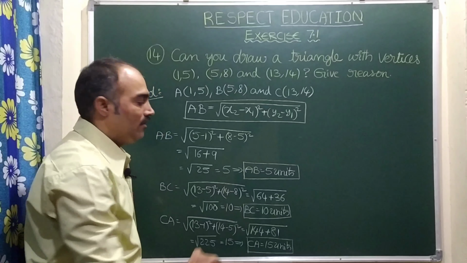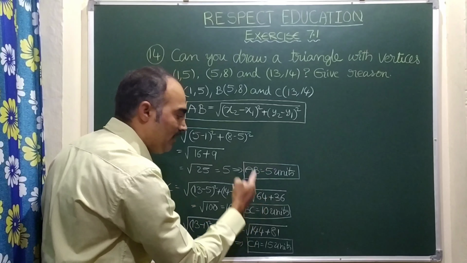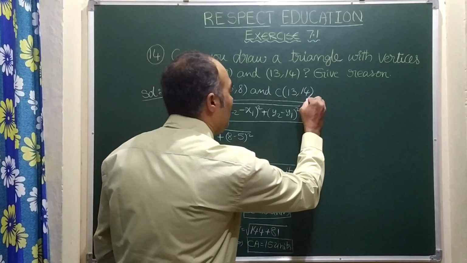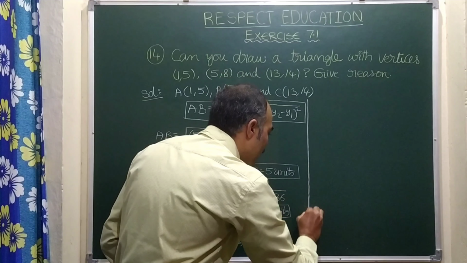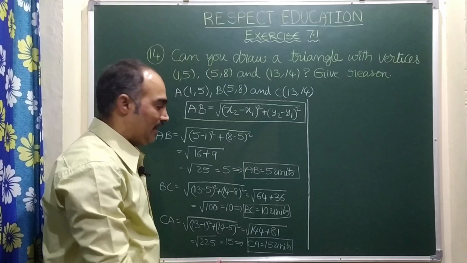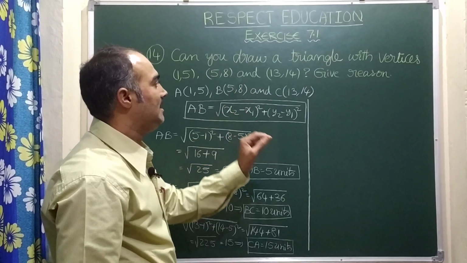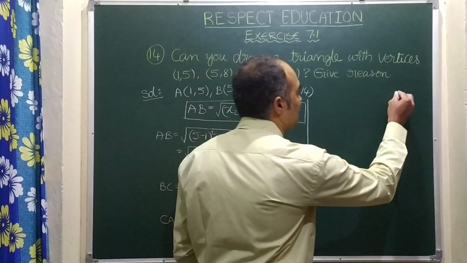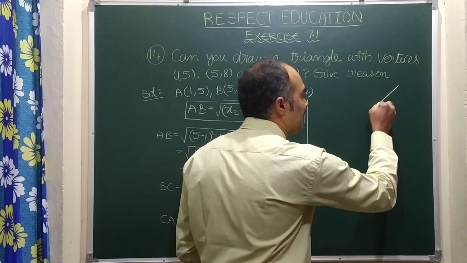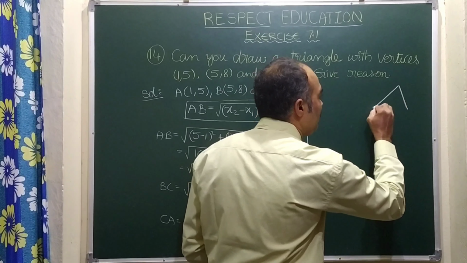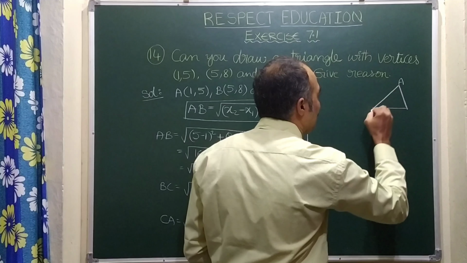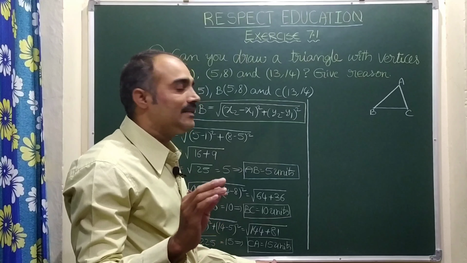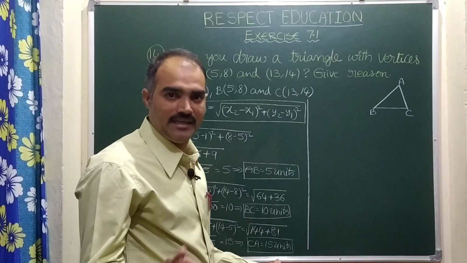Now here we have the values of AB as 5, BC as 10 and CA as 15. With these we are going to check whether the given points A, B and C form a triangle or not. Here you need to understand one thing, children. To form a triangle from these points A, B and C, there are 6 cases to be checked.